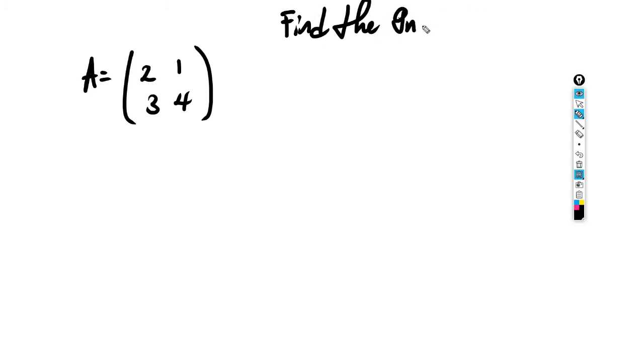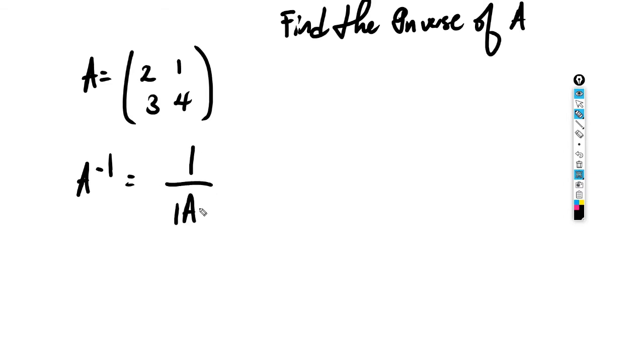And the question says find the inverse of A. All right, so let's find the inverse. So the inverse of A, which is A to the negative 1, should be 1 over the determinant of A multiplied by A adjoint.